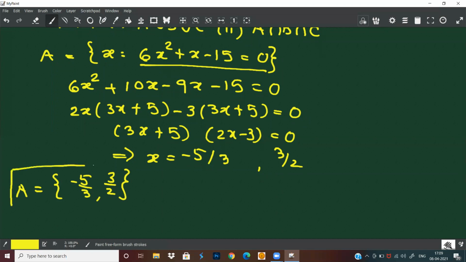अभी B करो and C करो. Come on. Question B you want? Oh, yeah.